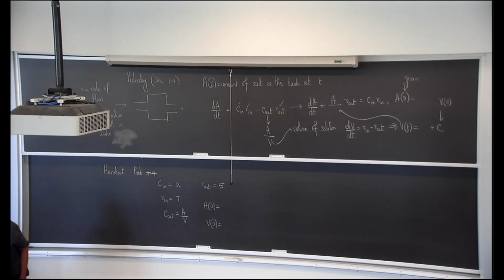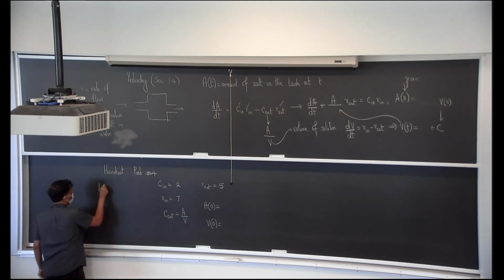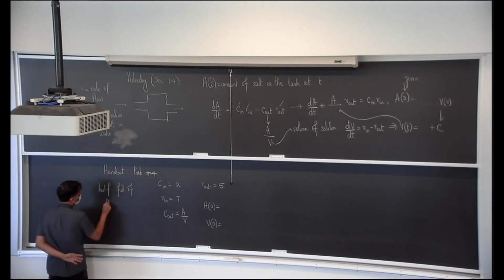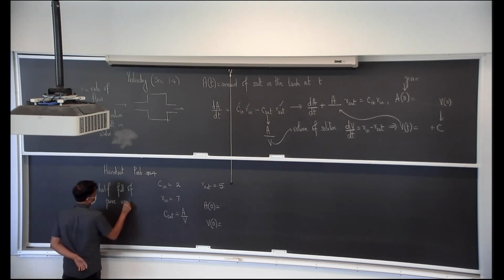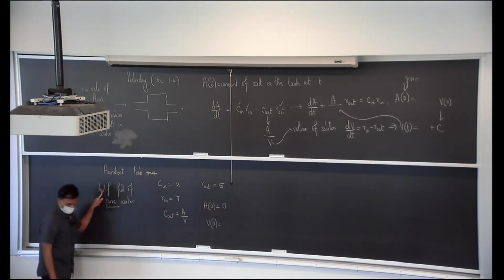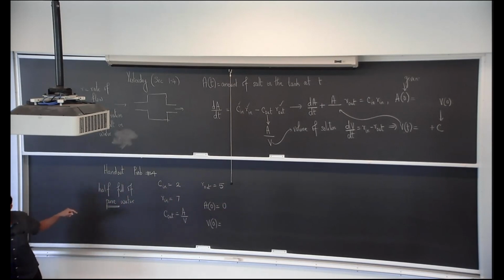And it says that the tank is half full of pure water. So the fact that it's pure water inside the tank should mean that A of 0 is 0. Okay. And since it's only half full, the initial volume is going to be 50.